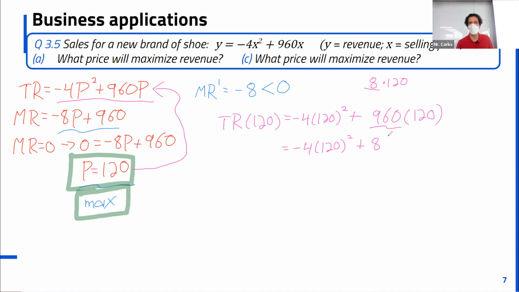So 8 times 120 squared. Again, with this symmetry, often one of the numbers will be half of what the other number is. That will happen a lot. Okay, so we have 4 times 120 squared, 12 squared is 144.